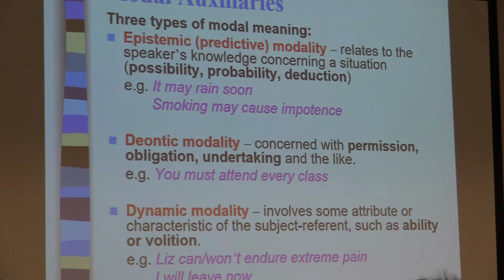They should contact us soon. Obligation, that's all. Okay, obligation is the antique. That means they have the obligation, they are required to contact us soon. Can there be another meaning? Yes. It's possible that they contact us soon, so that means epistemic modality.